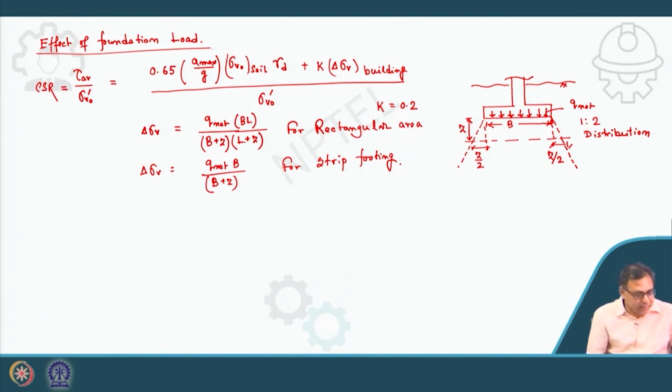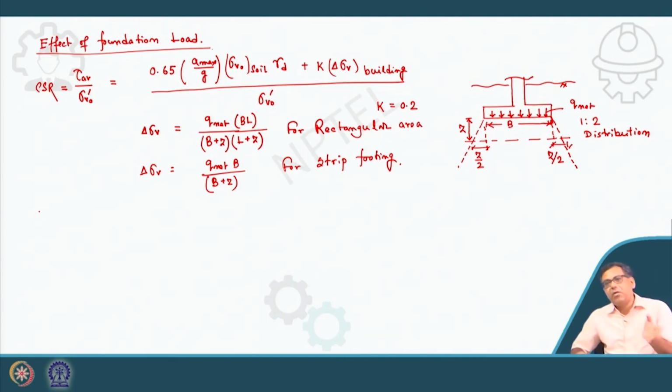Now for the foundation, because of the presence of this foundation load, static shear stress will be present. How do we calculate that static shear stress? Then you apply the K alpha.